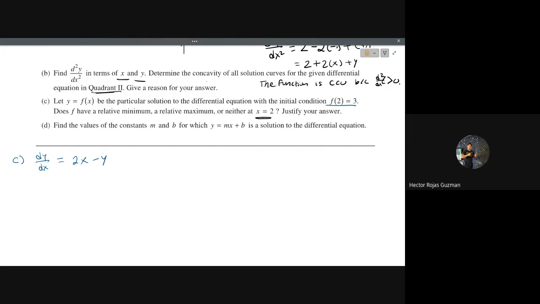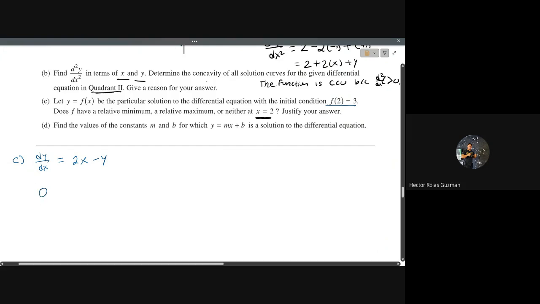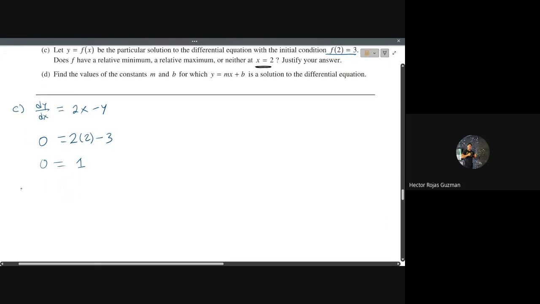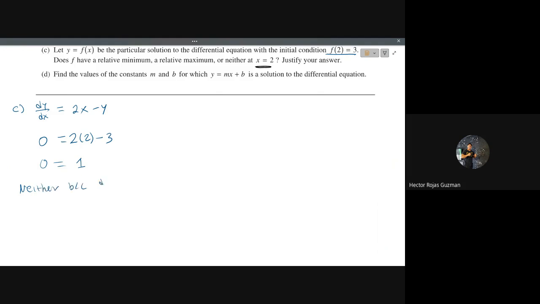So just check if it does give you 0. Does it equal 0? 2 times 2 minus 3 is 1. So it's not even a critical point, which means you can't have a min or a max. Neither, because dy dx does not equal 0.